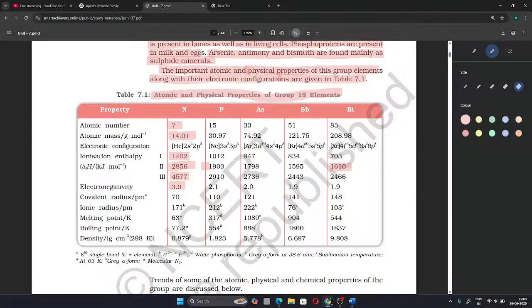There will be slight differences, but we can indeed say it is 1.9, 1.9.